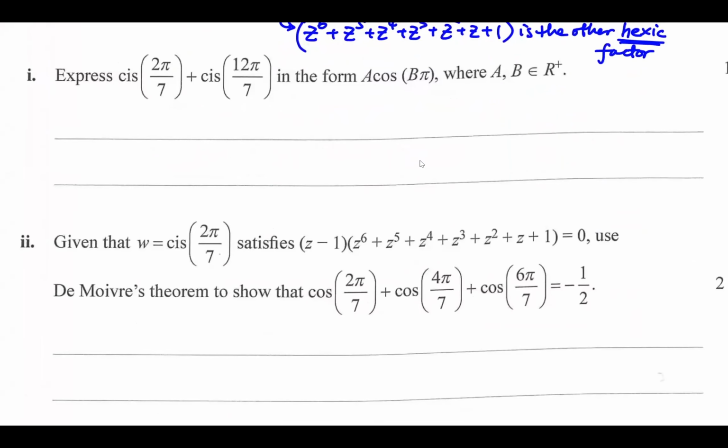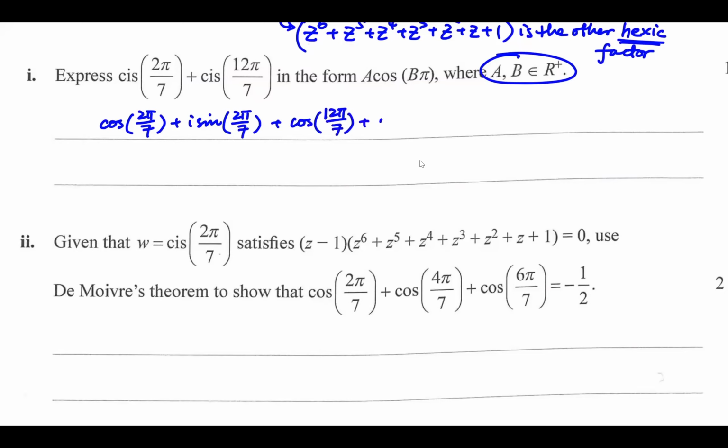All right, express cis 2 pi over 7 plus cis 12 pi over 7 in the form a cos b pi, where a, b are positive real numbers. So cosine of 2 pi over 7 plus i sine 2 pi over 7 plus cosine of 12 pi over 7 plus i sine 12 pi over 7.